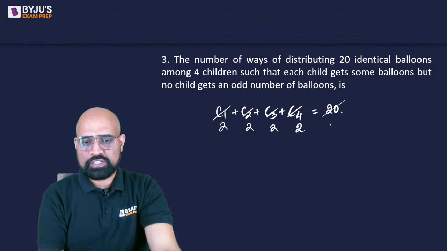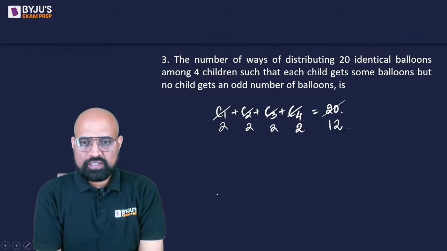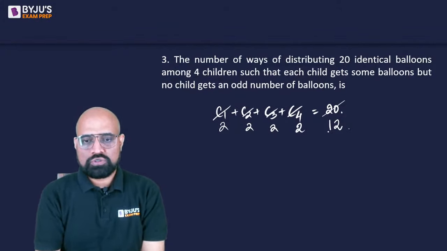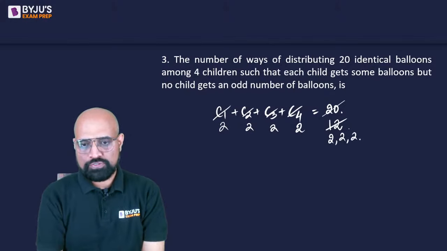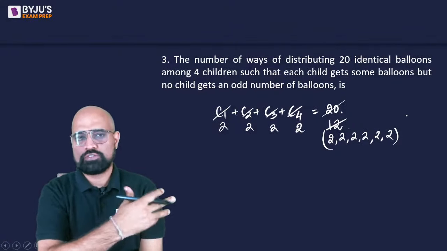So we are left with 12, and since everyone is supposed to get an even number of balloons, not odd, can I say this 12 is actually made up of 6 2s? If I distribute 12 in even numbers, the values will also be even.